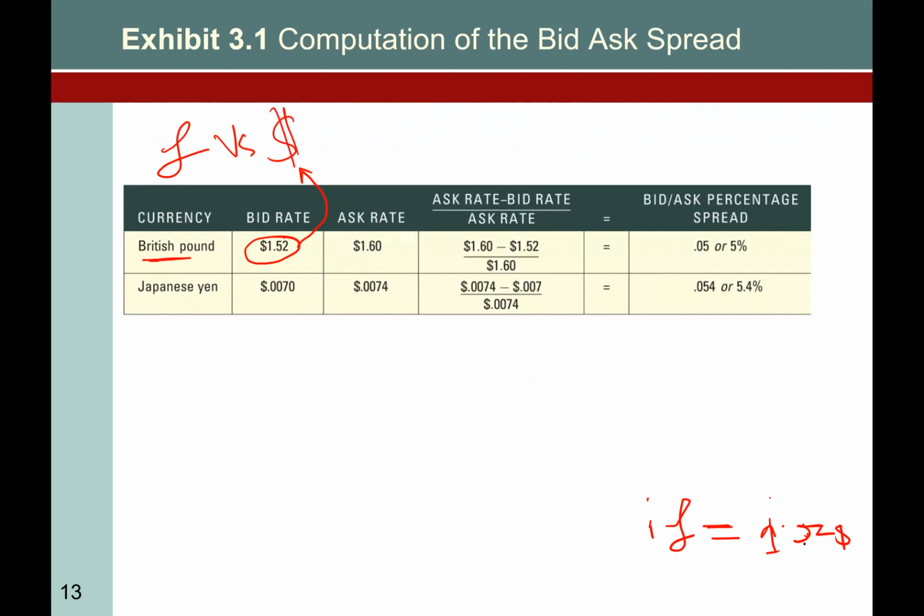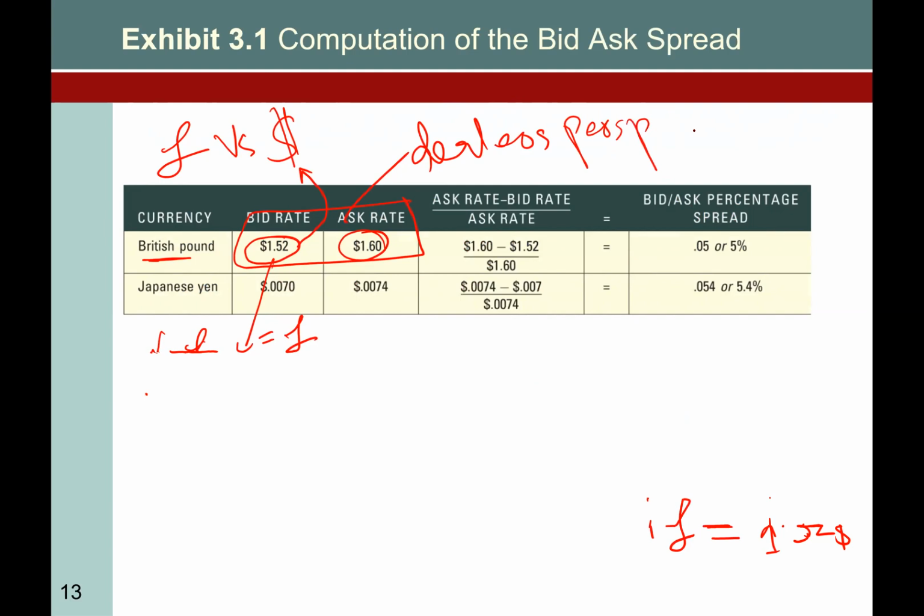Now here we go. You go to the shop, you exchange 1 pound, and how much do you receive? 1.6 or 1.52? Because this rate is from the dealer's perspective. What does it mean?